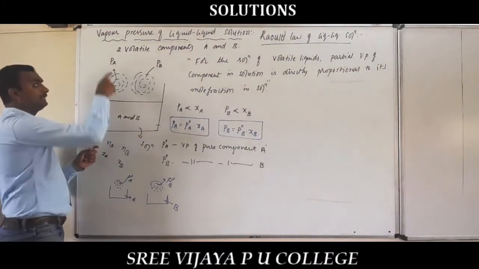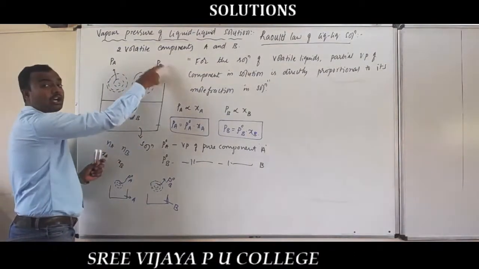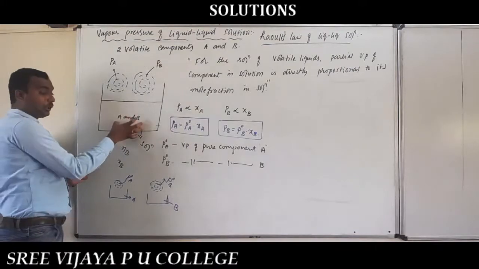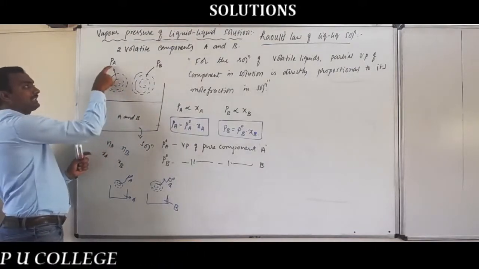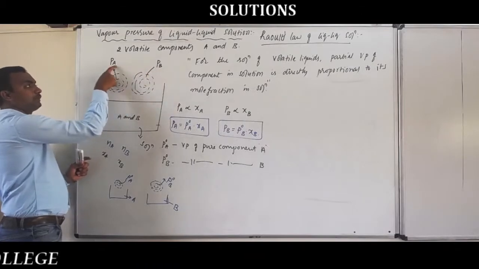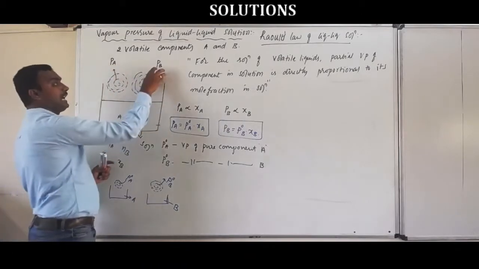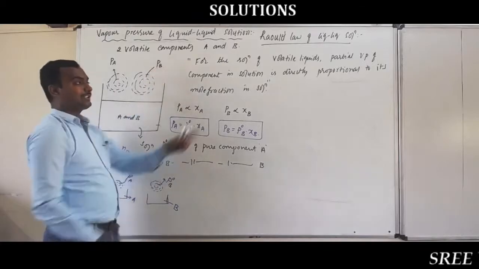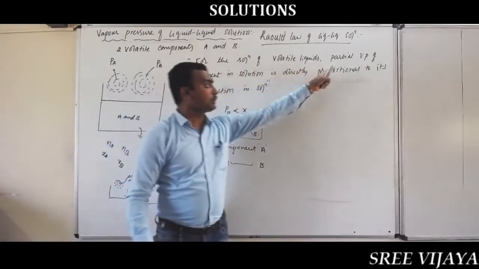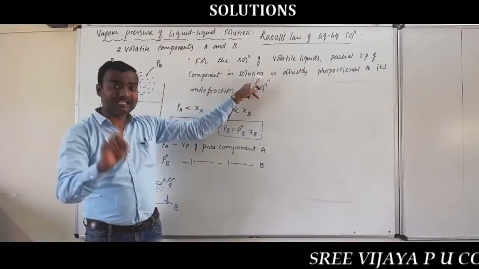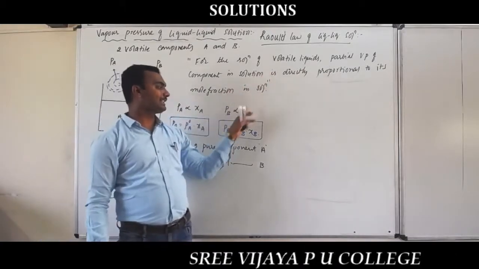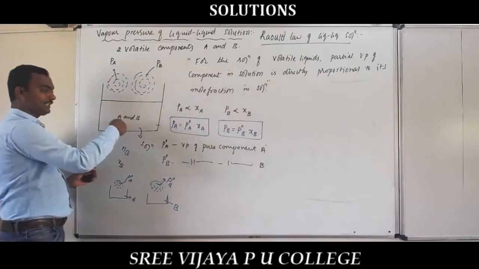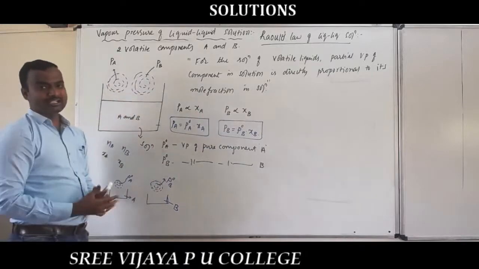Now we take PA and PB. Remember these vapors are coming from the solution. Two components are mixed, and the vapors are coming from the solution, so that is taken as PA and PB, the vapor pressure of component A in solution phase and the vapor pressure of component B in solution phase. It says the partial vapor pressure of component A in solution, that is PA and PB, are directly proportional to its mole fraction in the solution, and how much of the component is dissolved.